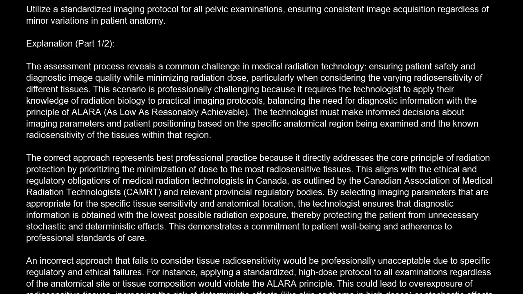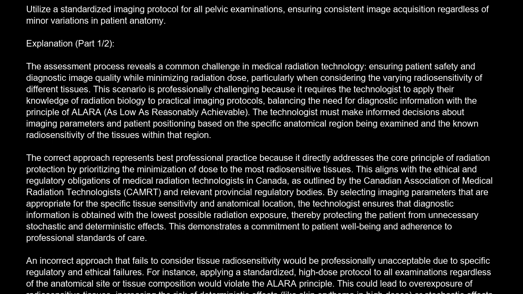The correct approach represents best professional practice because it directly addresses the core principle of radiation protection by prioritizing the minimization of dose to the most radiosensitive tissues. This aligns with the ethical and regulatory obligations of medical radiation technologists in Canada, as outlined by the Canadian Association of Medical Radiation Technologists, CAMRT, and relevant provincial regulatory bodies.